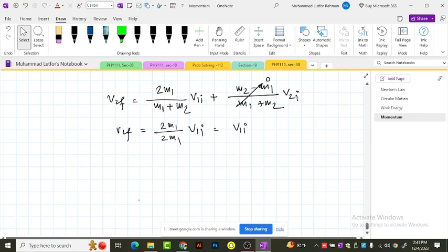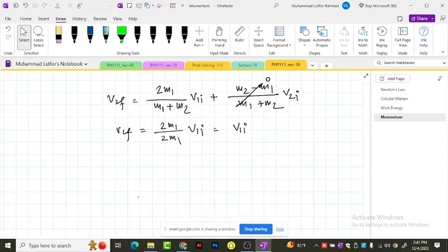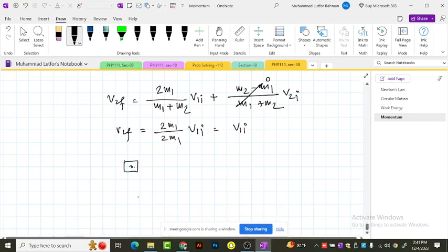Which means after the impact, these two objects simply interchange their velocities. Initially M1 is moving with a speed V1I and M2 is stationary, V2I is 0.